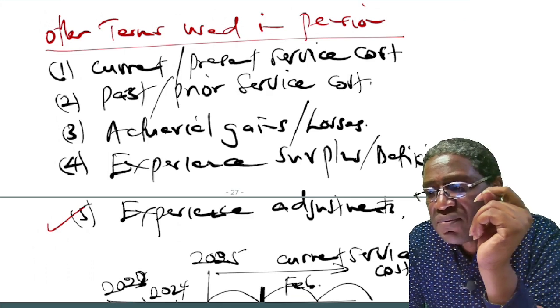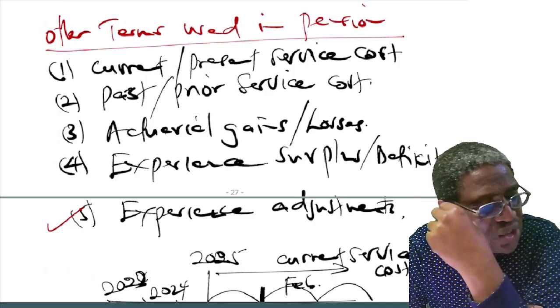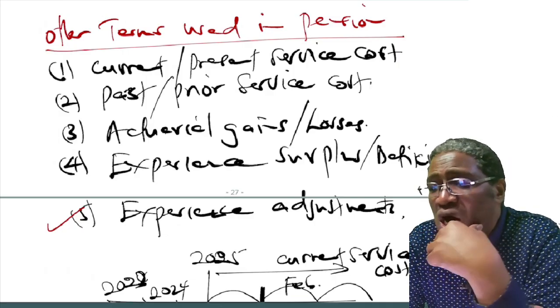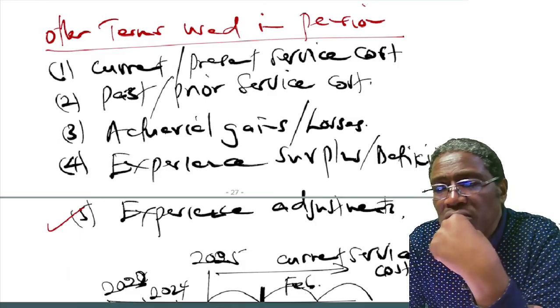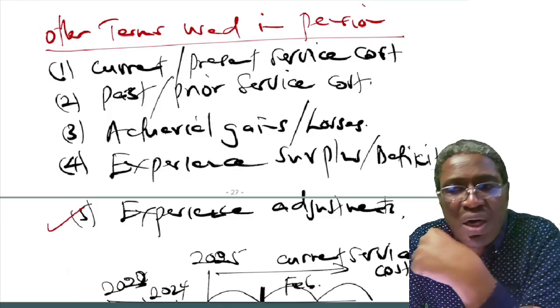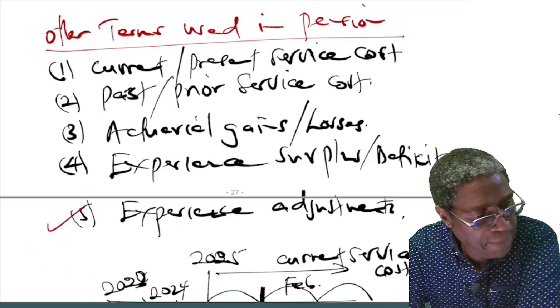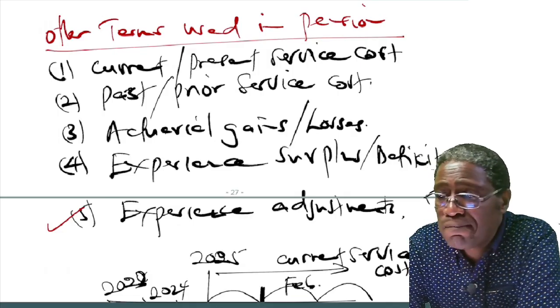Number three, actuarial gains stroke losses. Then you say this.